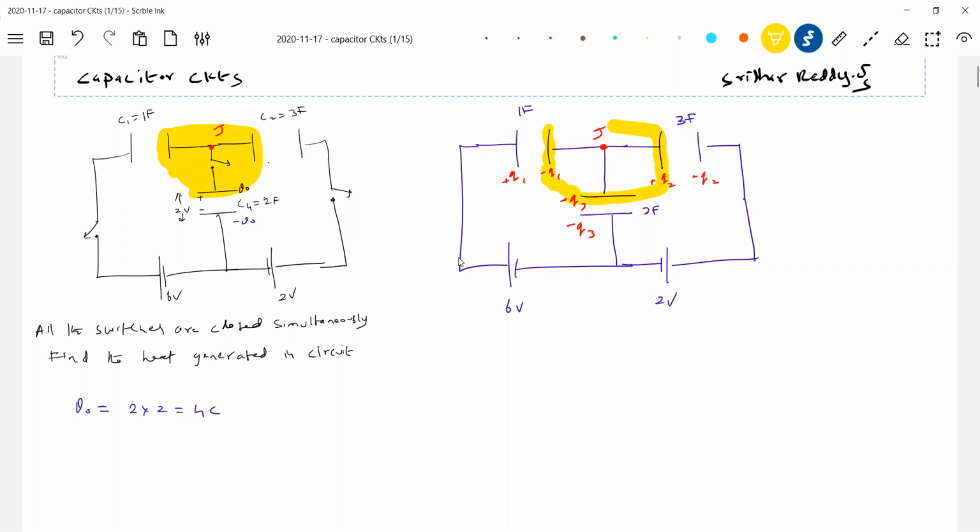So what should be the charge of these 3 plates? The moment I close the switch, what is the charge at that point? It is plus Q naught. So the charge of these 3 plates must be conserved. Able to understand this one?